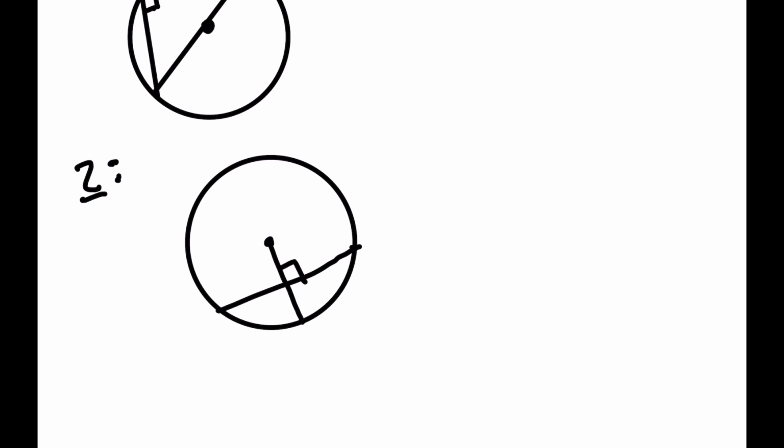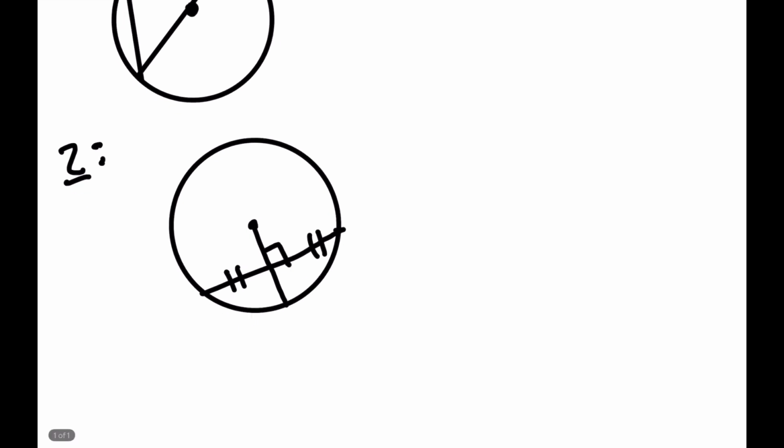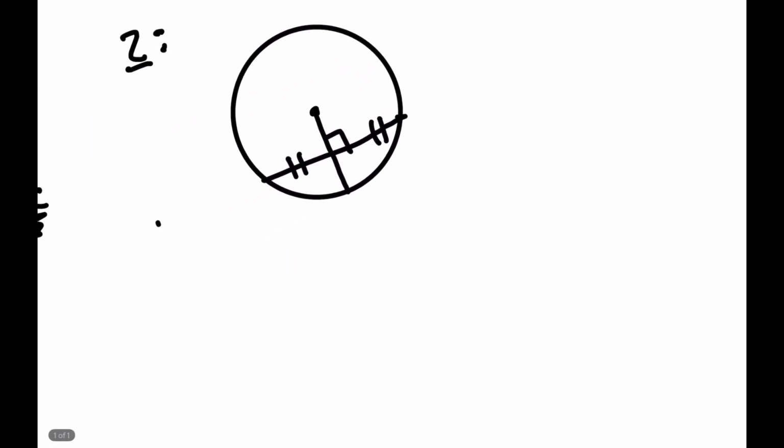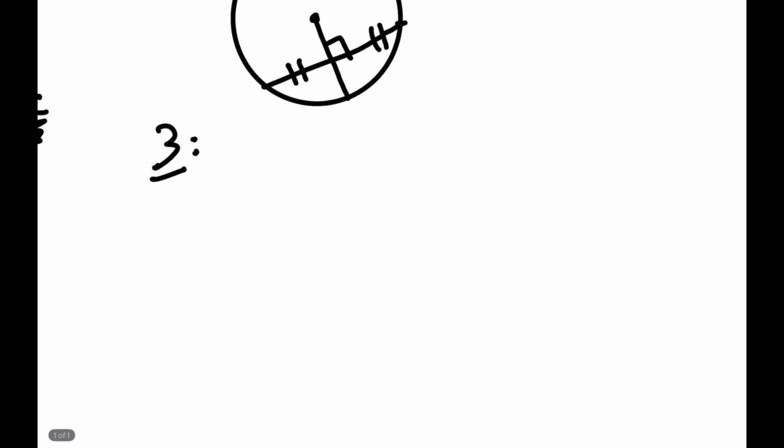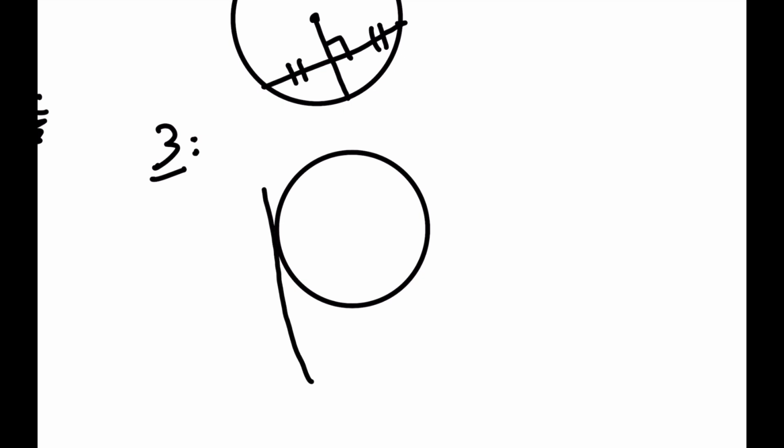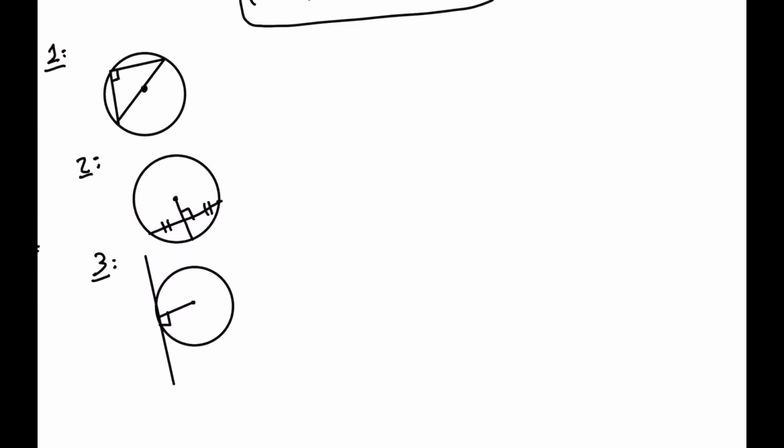So it bisects the chord, saying that this side is the same as this side in length. And the third one is, let's draw another circle. If we have a tangent to the circle, like a tangent like this, the radius will always be perpendicular to the tangent. So these are the 3 circle rules.